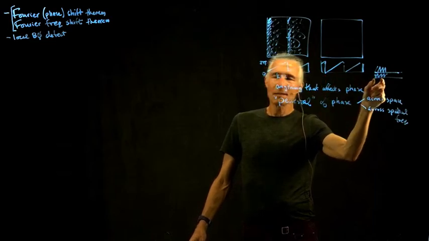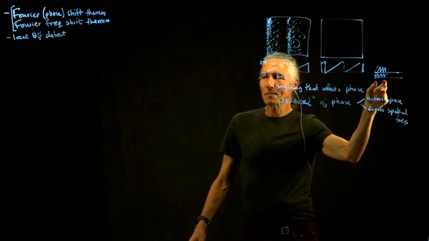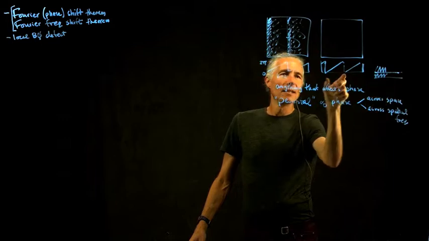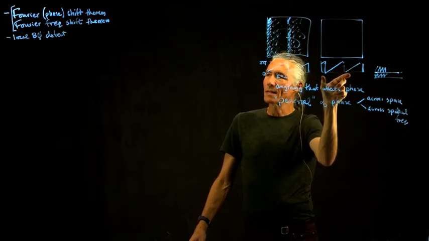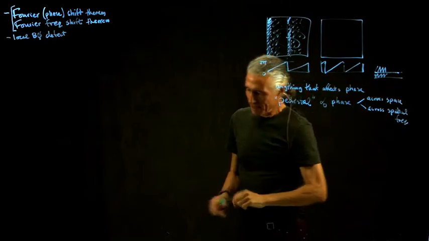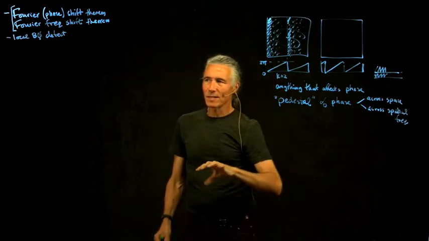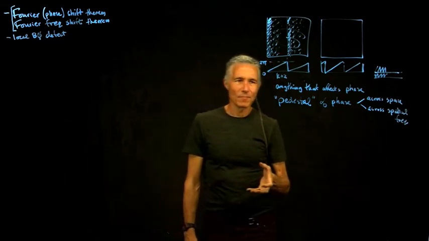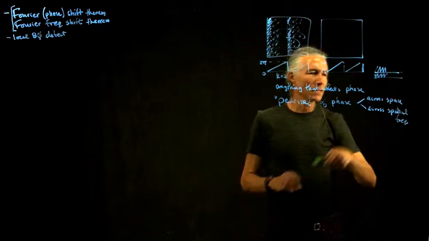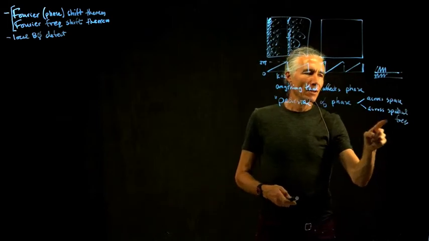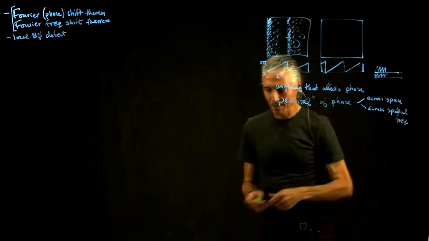A fifth of a cycle at a high spatial frequency is a smaller shift than a fifth of a cycle at spatial frequency 2. Doesn't matter. They're all shifted the same amount in phase. So that's what we're talking about: a pedestal of phase across space and across spatial frequencies.